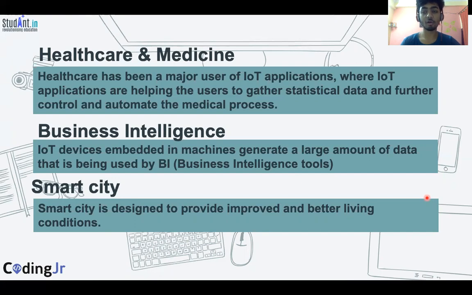Normal thermometers cannot do that, right? But IoT thermometers can do that. It could say whether we have fever or what our health condition is.